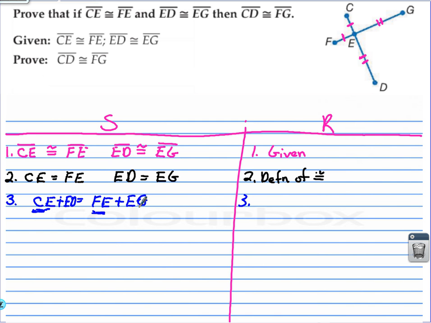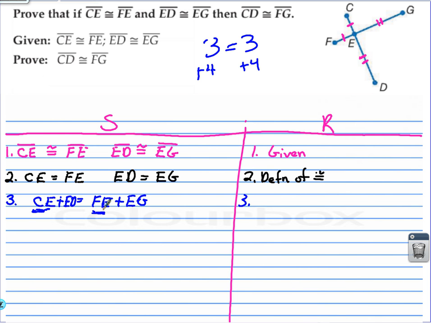If you took the equation 3 equals 3 and you added 4 to one side, that's legal as long as you add 4 to the other side. If you added 7 to one side, add 7 to the other side, it's still equal. So if you have equal things and you add equal things to both sides of that equation, they're still equal.